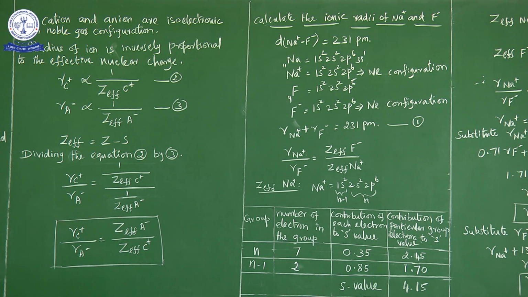Then the equation will be changed as RC plus by RA minus is equal to Z effective A minus by Z effective C plus. So effective nuclear charge of anion ennaidum, it move to the numerator poirum. So effective nuclear charge of anion is divided by the effective nuclear charge of cation. So by using this relation, we calculate the ionic radius.